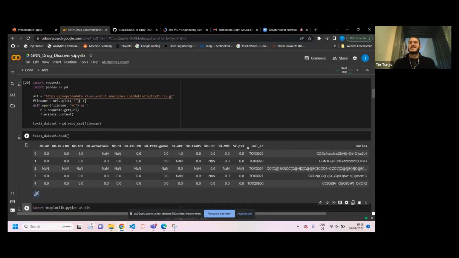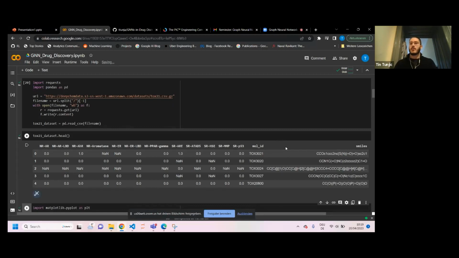Assays are nothing else than tests that we do in a laboratory where we synthesize the molecules, and then we see if those molecules have the properties that we would like to have, or maybe the properties that we wouldn't like to have, like toxicity, for example. Mol ID is nothing else but the ID of a molecule, and the SMILES is a 1D representation of a molecule.